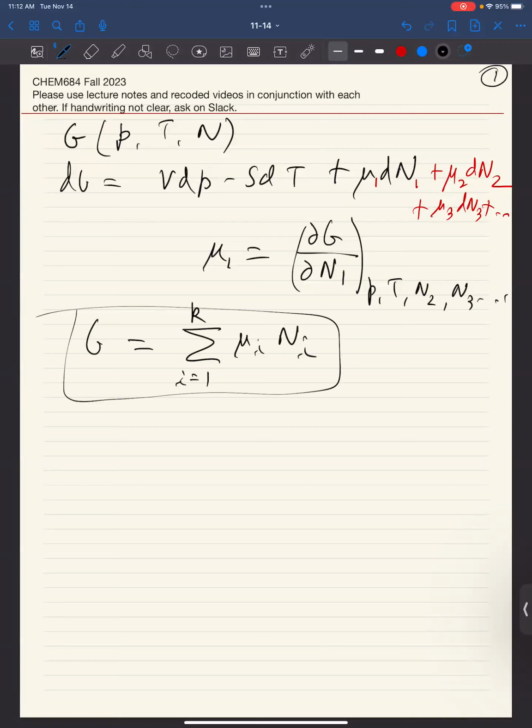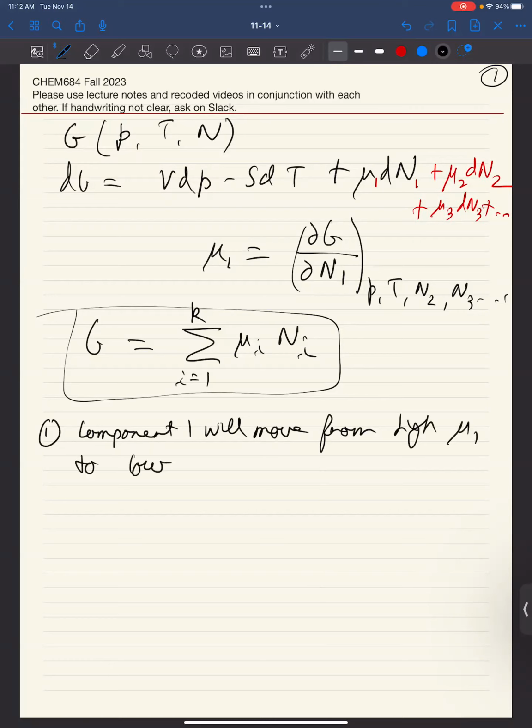So let's think about chemical potential. One way of thinking about chemical potential is that component 1 will move from high mu1 to low mu1, right?